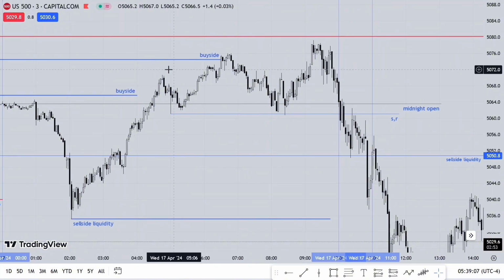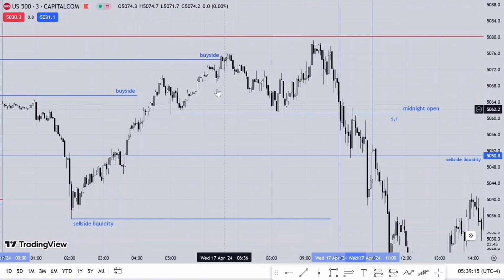Any rally going higher now above midnight opening price is seen as a suspect rally. So this is the accumulation leg. Price was accumulating here. So we had a suspect rally. We started going up here to take out buy side liquidity, which was resting here.